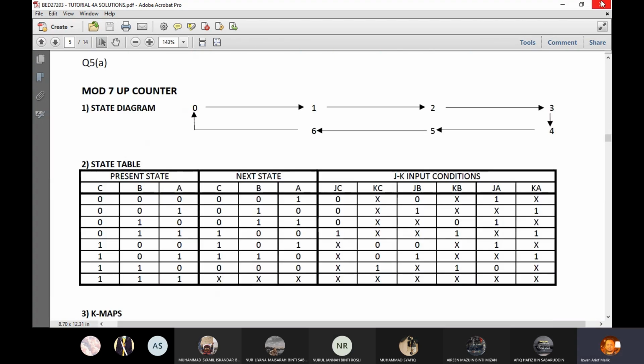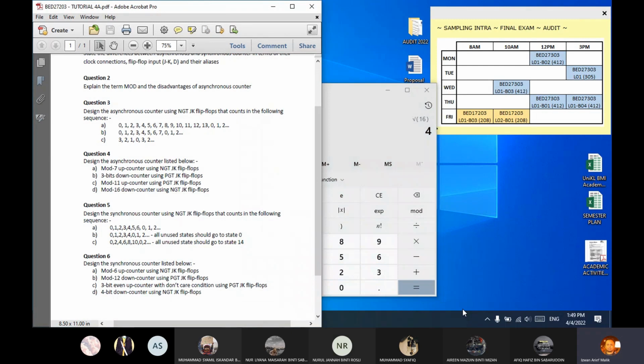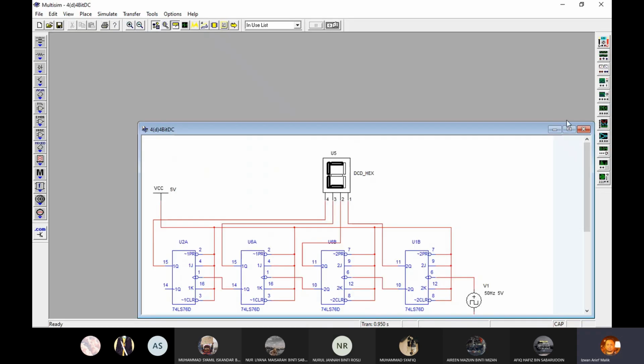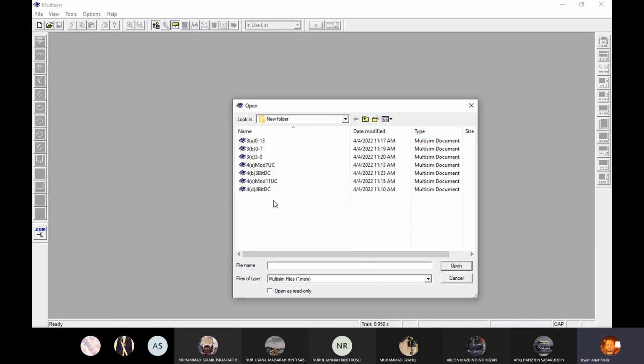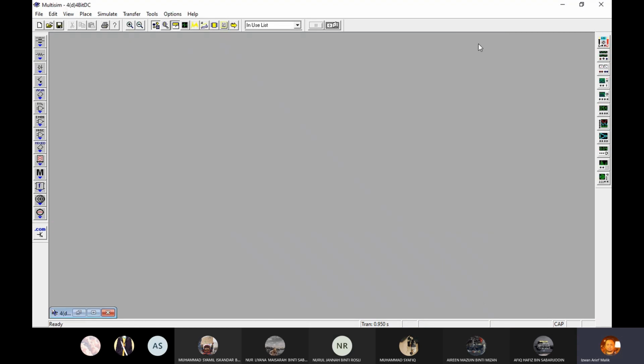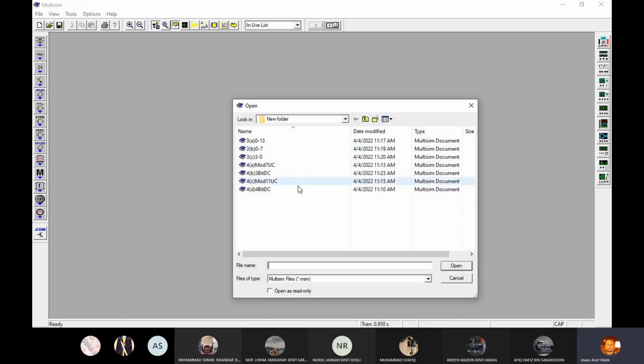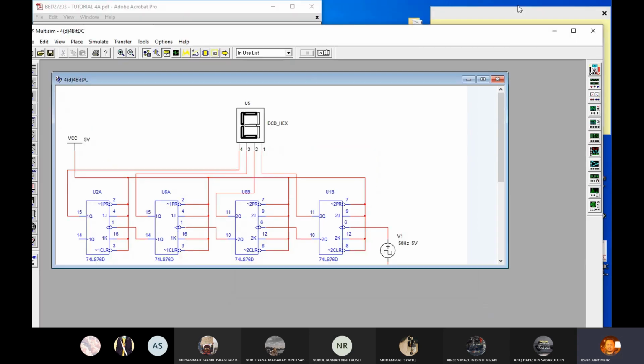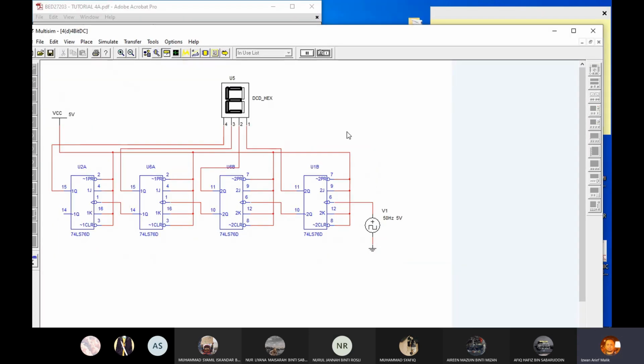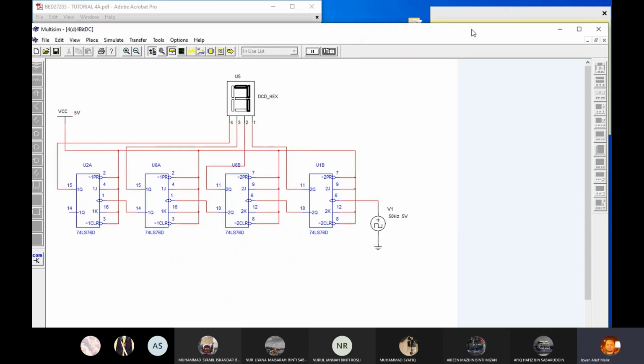Next one ni, ini adalah synchronous, kita belum belajar lagi. So let me show you down counter untuk 4 bit. Okay, so F, E, D, C, B, A, 9, 8, 7, 6, 5, 4, 3, 2, 1, 0, 15, 14, 13, 12, 11, 10, 9, 8. Okay, so dia count ke bawah lah. Okay, so meaning that the counter is correct.